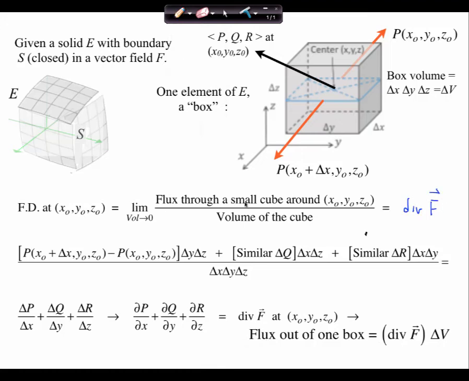So the flux through one small cube would then be the divergence of F times the volume of the cube. And that's what I'm saying here. We're going to use this next. So all I'm doing is taking our flux density formula equals divergence, and then solving it for the numerator here. Flux out of one box then would be the divergence times the volume of the cube.